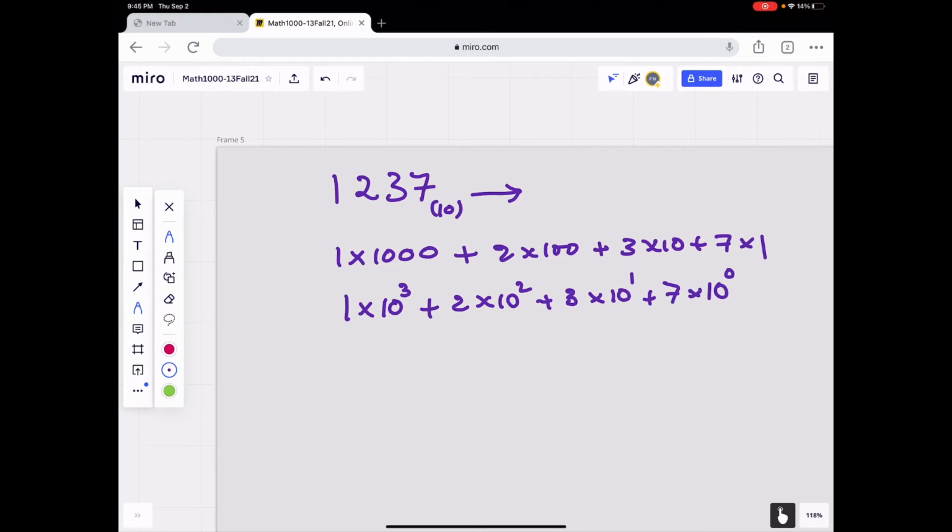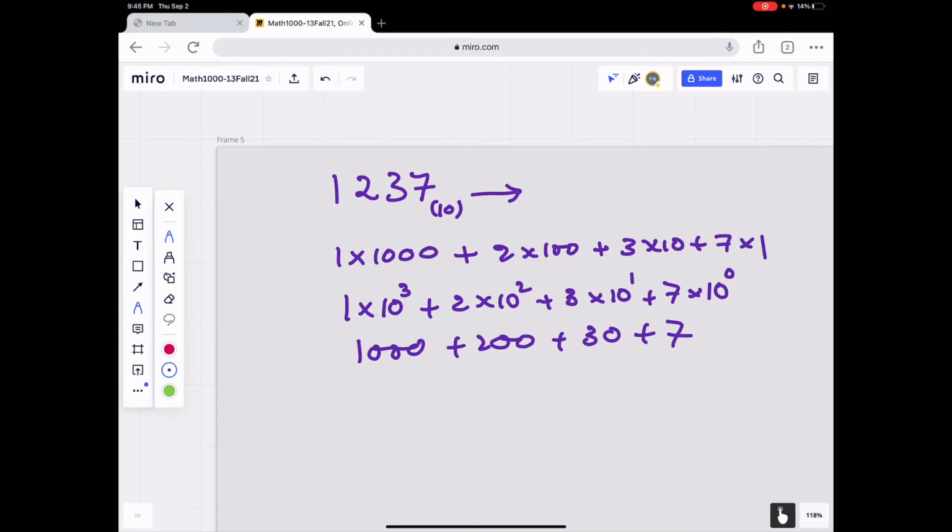So that's the way you write it down, and then you add together and it equals 1,000 plus 200 plus 30 plus 7. All right, so if they want you to expand the decimal number into the expanded form, you have to write it in this way. Okay, so that's the way you do.